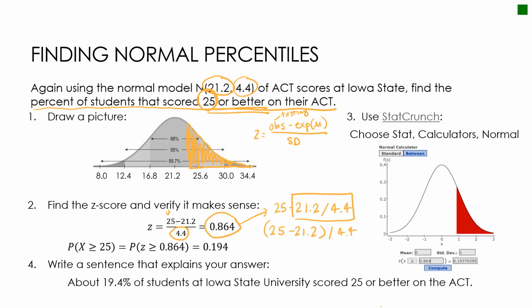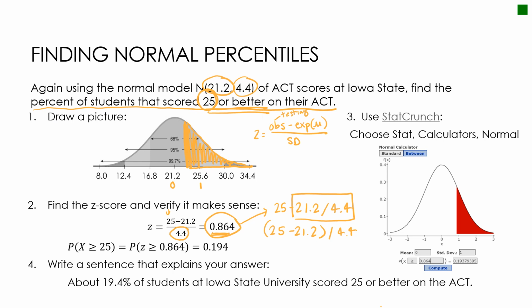And that is where I get this decimal, 0.864. That is called a Z-score. And a Z-score is just the number of standard deviations above or below the mean. And so notice that would make sense. If this is 0 standard deviations and 25.6 is 1 standard deviation, then a value of 0.864 happening between 0 and 1 does make sense.